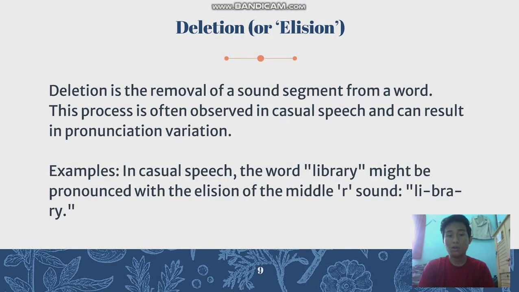It refers to the omission or removal of a sound in a word. This can occur for ease of articulation or due to phonological rules. It reflects natural speech patterns, contributing to the fluidity and efficiency of spoken language.